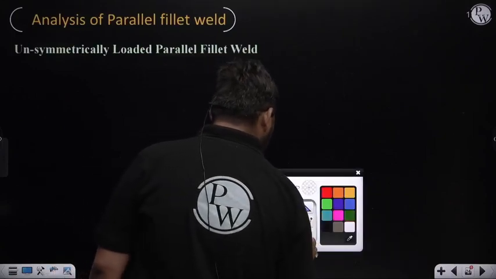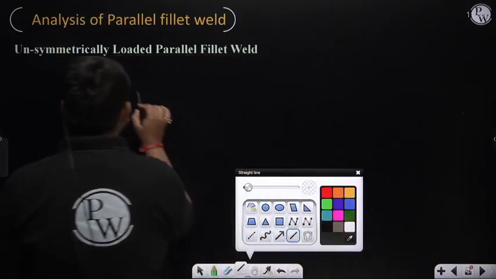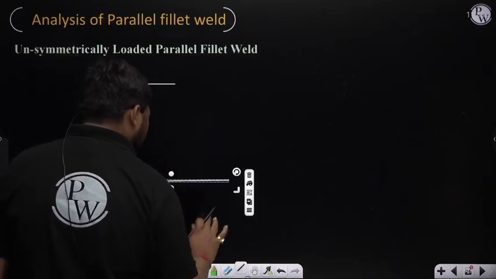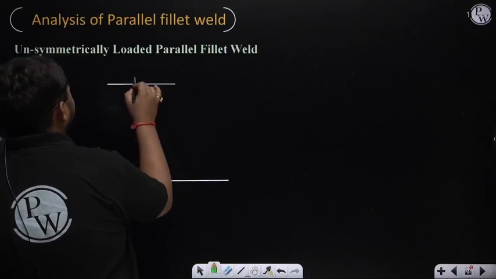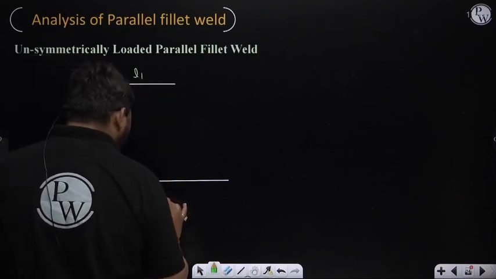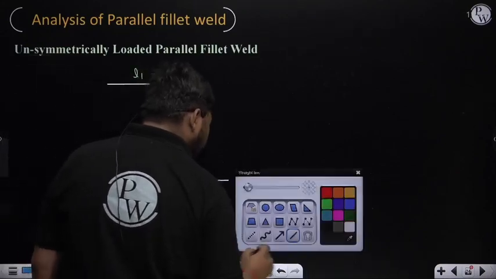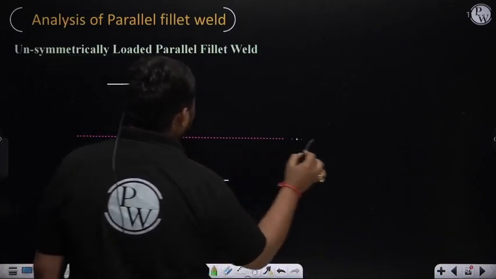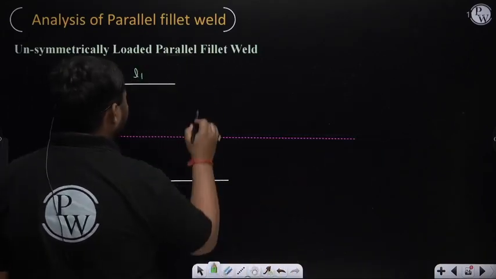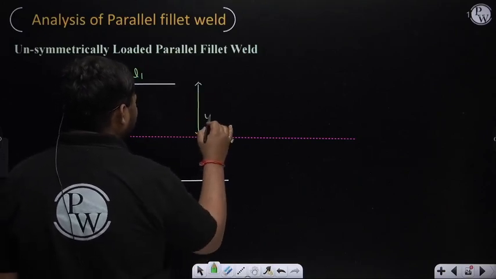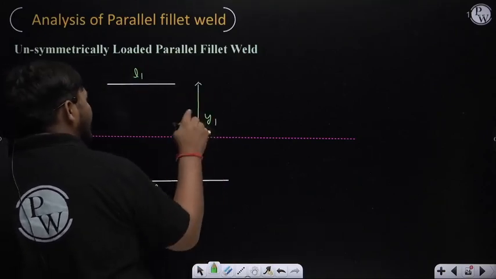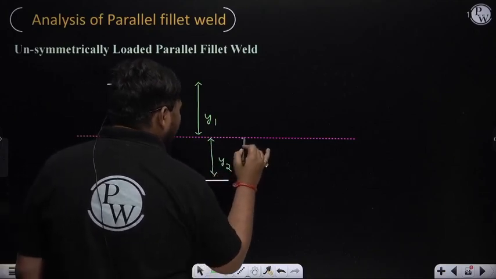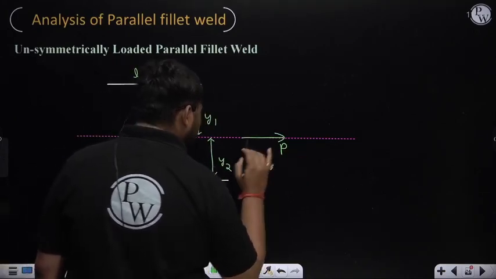Suppose this is the top weld, and if you want you can draw this diagram separately also. This is the bottom weld. The length of top weld is L1, the length of bottom weld is L2. The line of action of force P is passing through this line, whose perpendicular distance from top weld is Y1, and whose distance from bottom weld is Y2. And along this line force P is passing.